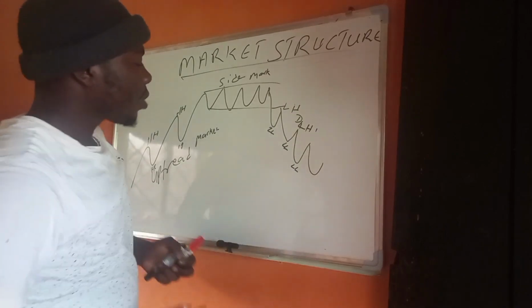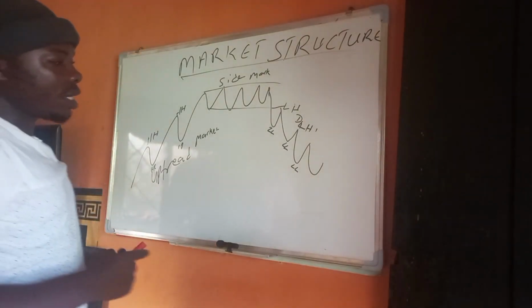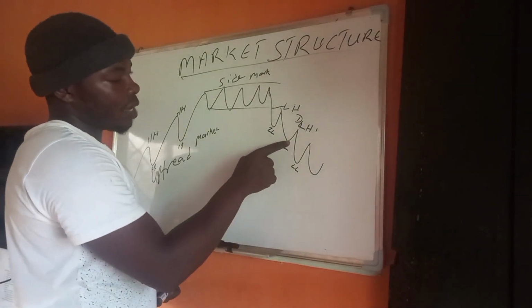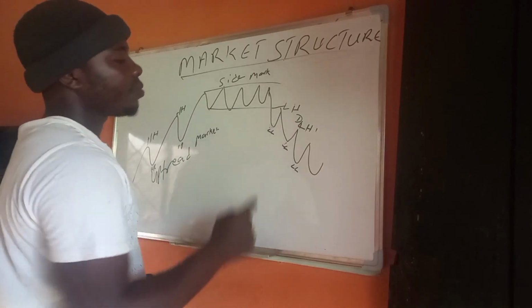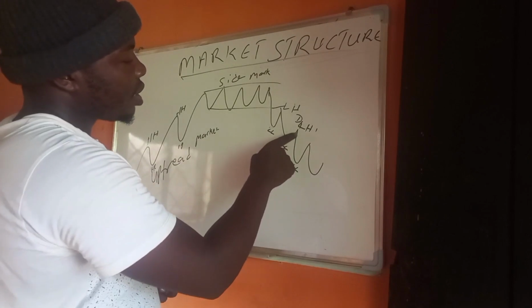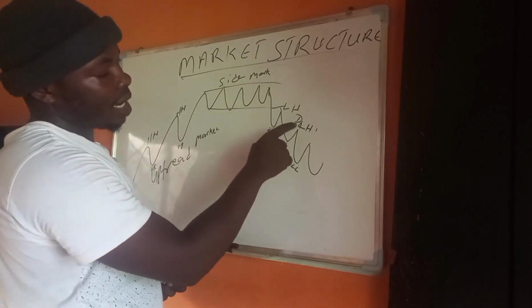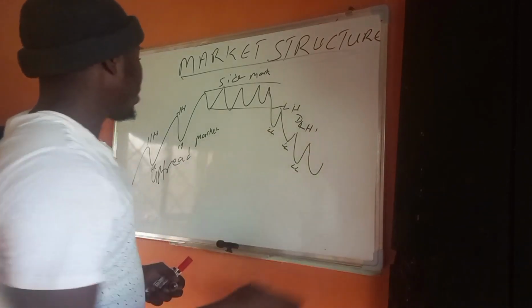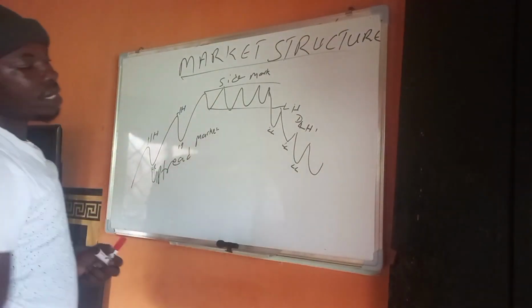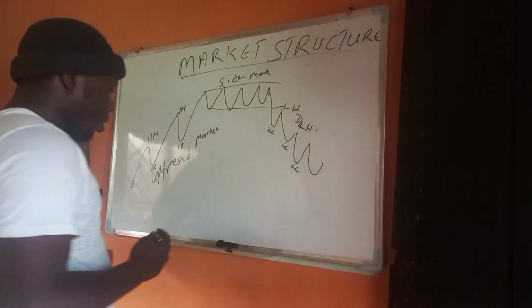Why is it called lower low? This low is lower than this, and this low is lower than the second one. And this high is lower than this, and this high is lower than this. That's why it's called lower high and lower low.